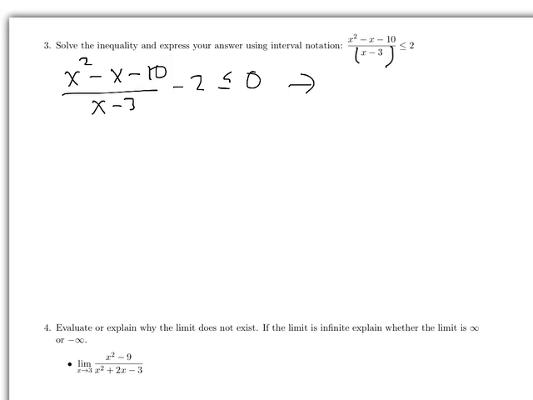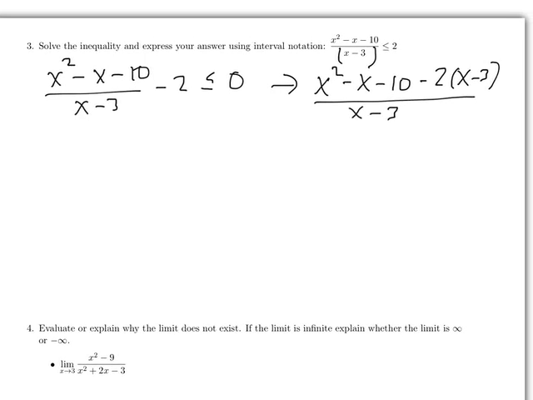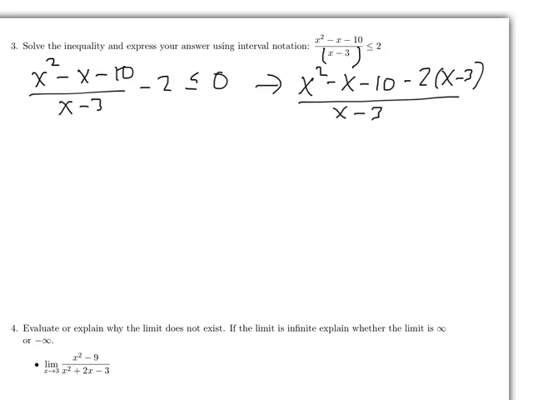Now I have to get a common denominator, so I'm going to multiply the 2 by x minus 3 over x minus 3 and put it together on a common denominator. So we've got, and now this quantity here I need to be less than or equal to 0.